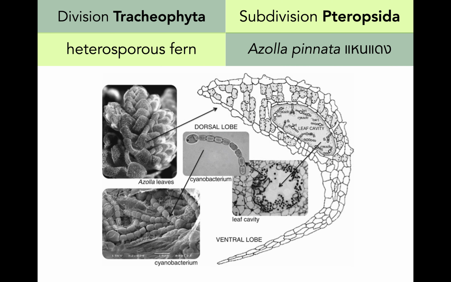The reason we know it's a fern is because it produces spores, and inside the Azolla there are interesting structures. They have a cavity, like an empty hole inside the leaf of Azolla, and inside the leaf you see a bunch of smaller organisms. This is the cyanobacterium called Anabaena azollae, which can fix nitrogen to help plants get more nitrogen from the environment.